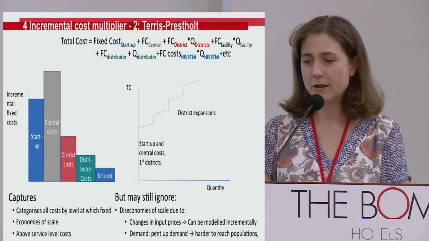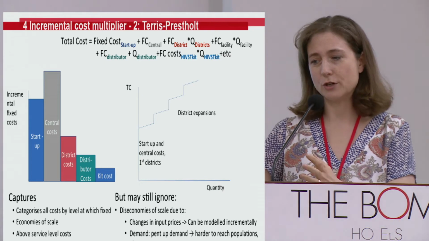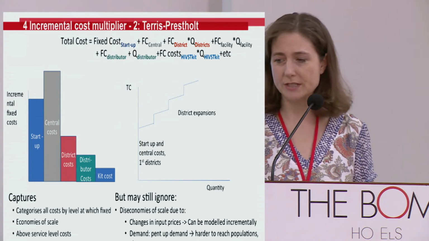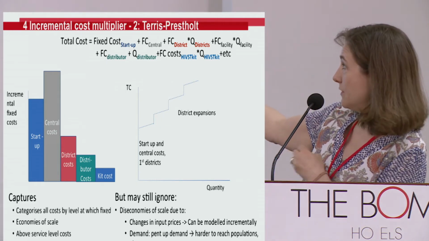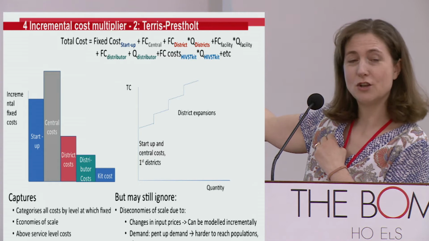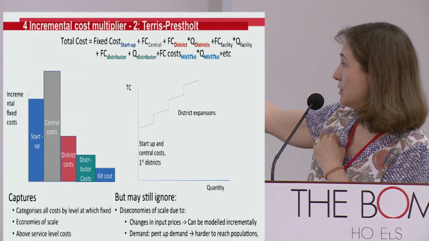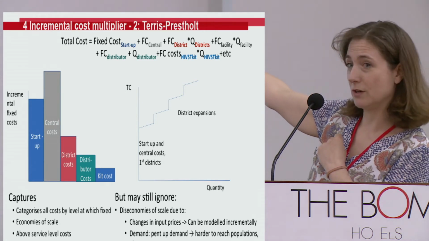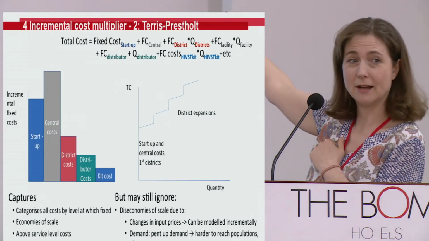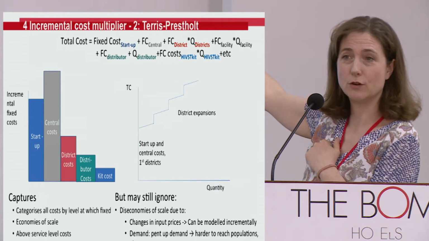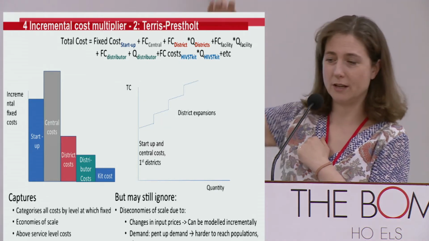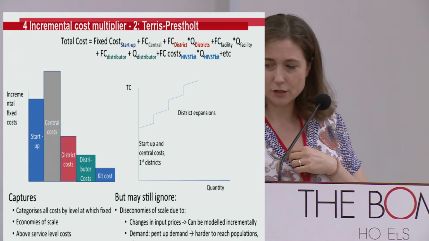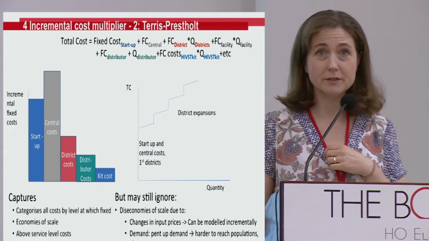Then you'll have your district level costs, distributor costs, and kit costs, and each of these will need to be multiplied by a different number to get to your scale-up costs. And so you get a total cost function that is not smooth anymore, but chunky. Your startup costs are high at the beginning, and as you expand to an additional district, you'll get another increment, and if you expand to another region, you can expect another increment going straight up. It still doesn't take into account diseconomies of scale, and we'll talk a bit more about that in a moment.